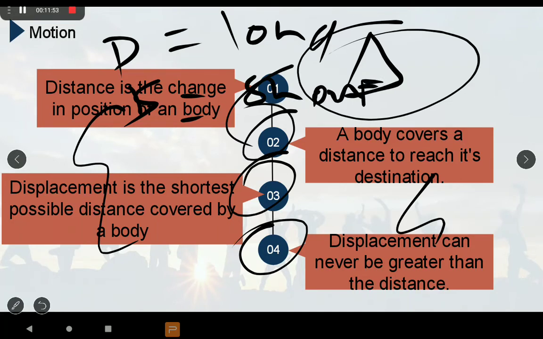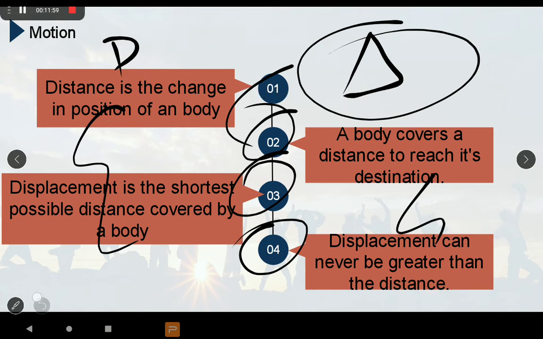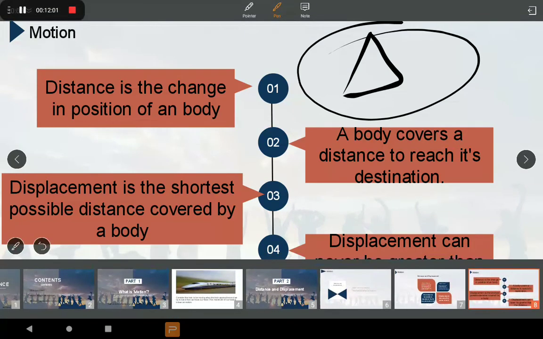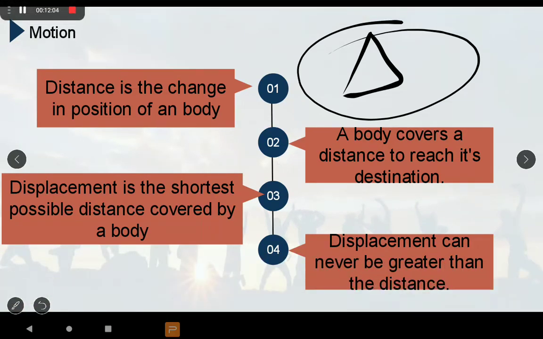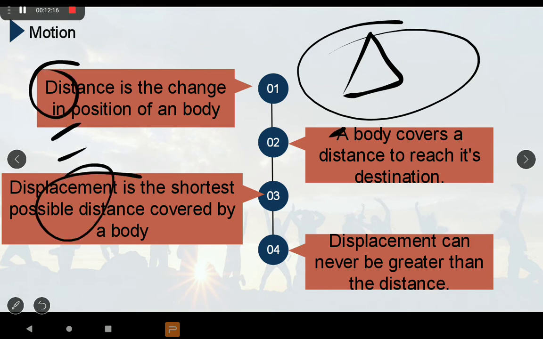And the most important thing I forgot to tell you: sometimes, in very rare cases, like maybe 1 in 10, distance and displacement will be equal, which is very rare to happen.